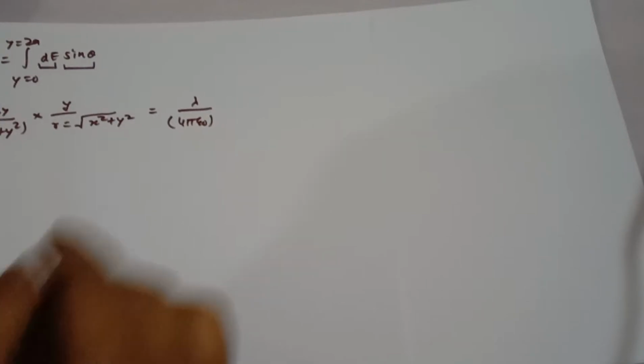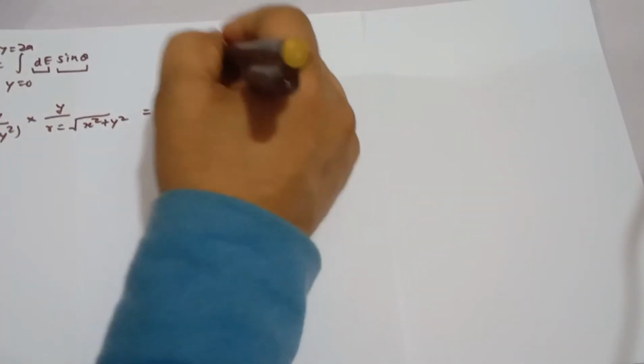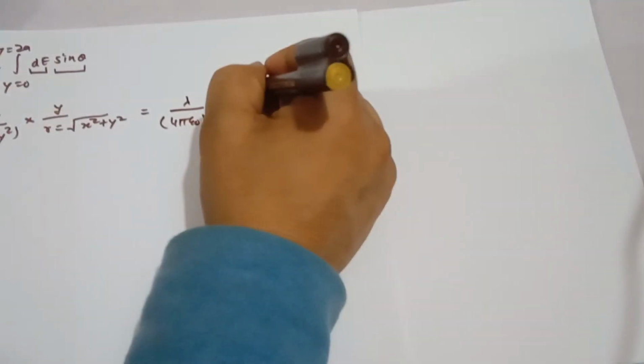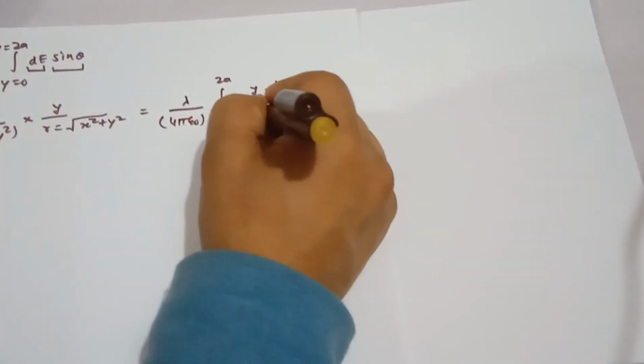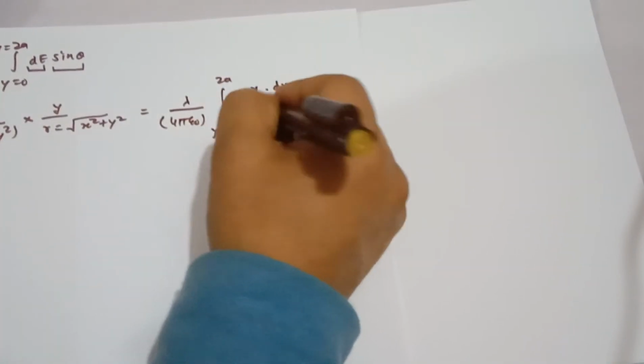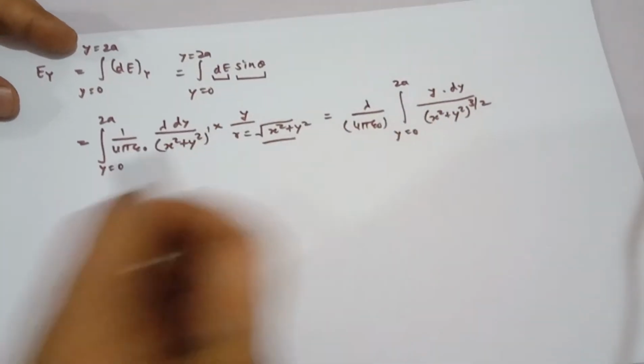Any other term involving y cannot be taken out because that needs to be integrated, as that's a variable. So that should be x square plus y square power 3 by 2, because that is square root and that is power 1, so that would be 3 by 2.